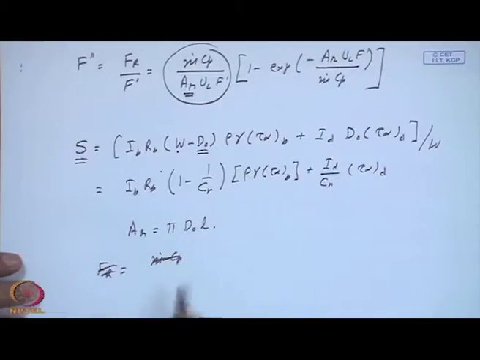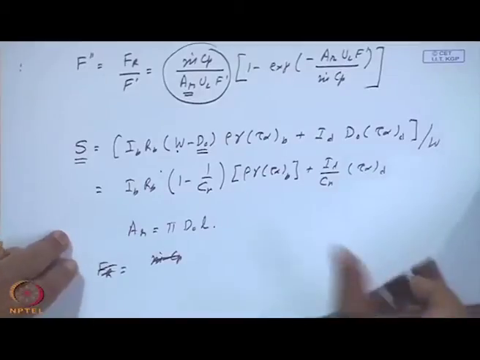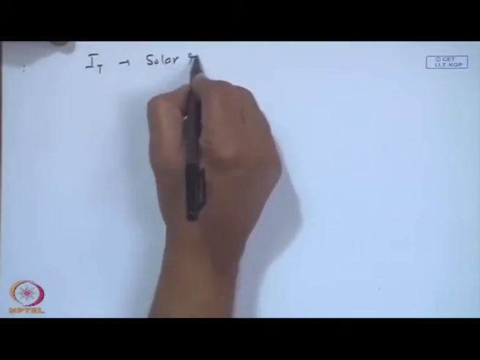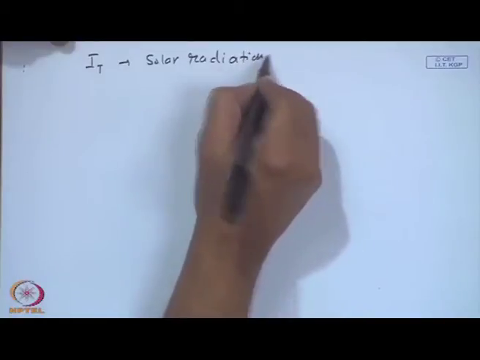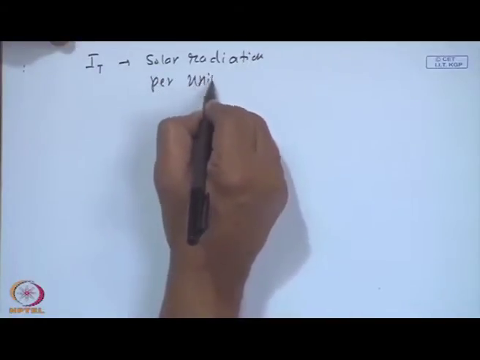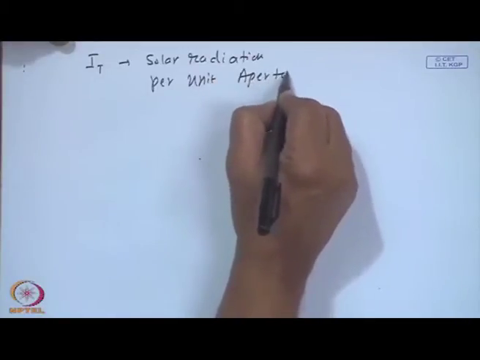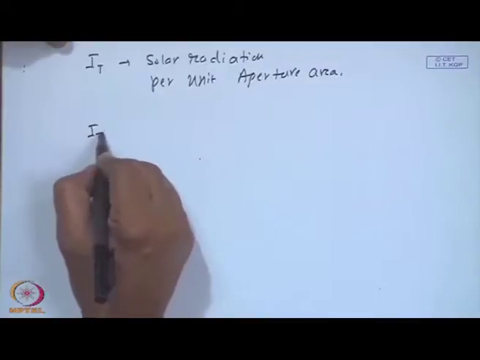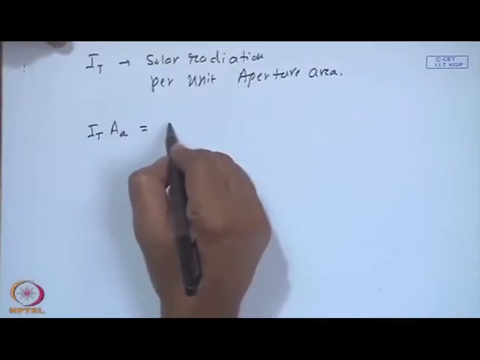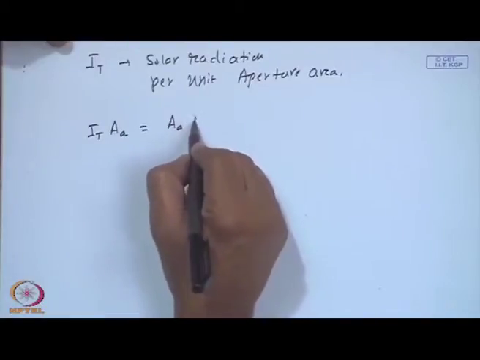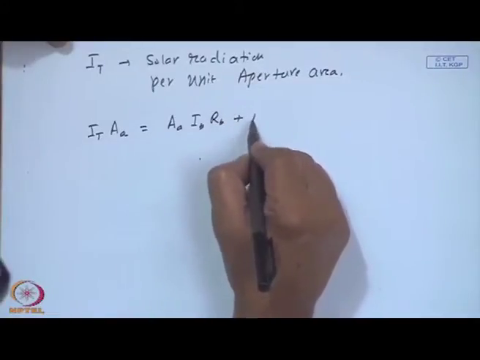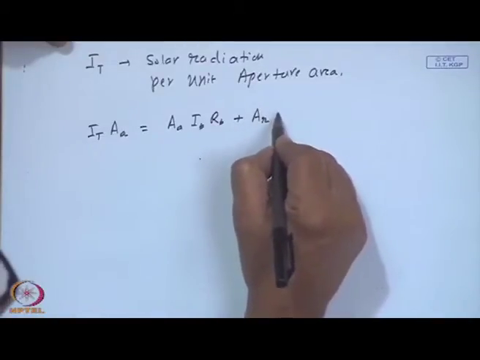So, if IT is the solar radiation per unit aperture area, then IT times A should be equal to A aperture, this is the direct component IB RB, plus receiver area AR times the diffuse component.